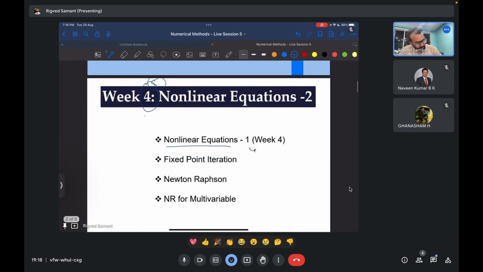Two were bracketing methods, and we saw one open method. In the bracketing methods, we saw regula falsi and bisection, right?